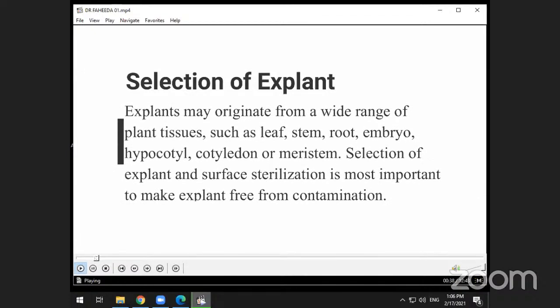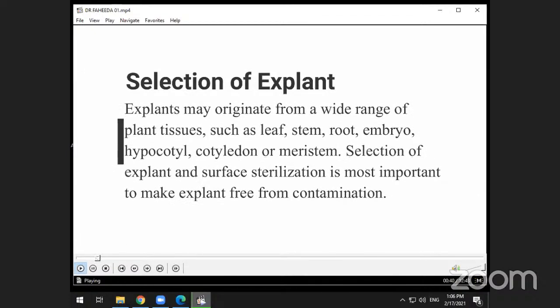Explant can be leaf, stem, embryo, hypocotyl, cotyledon, or meristem of a plant. Selection of explant and surface sterilization are most important to make explant free from contamination.